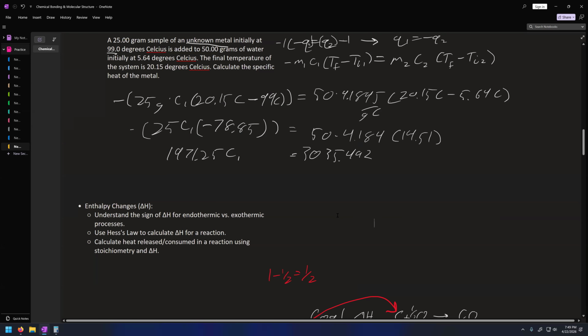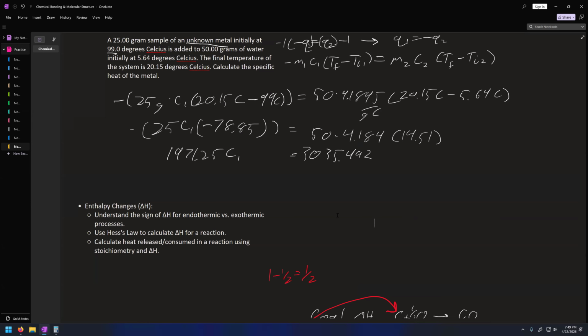So wouldn't this be a double negative? Yes, so it's positive. Negative times a negative is positive. And I wrote it as positive. I know that's what you're saying, but the negative 25 C1 becomes negative, and the negative 78.85 becomes positive, and then they multiply together and you get a negative. No, that's not how that works.